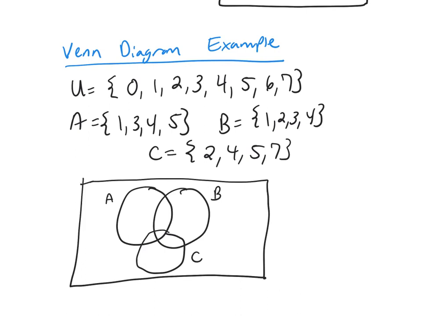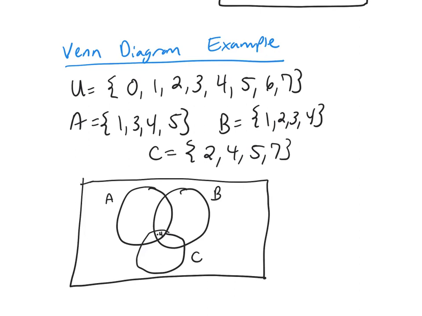And I'm going to start with this, I'll go ahead and shade it for the moment. This part right here corresponds to all three circles. So it's what A, B, and C all have in common. So what elements do A, B, and C all share? They all contain the number 4. And that's the only number they all have in common.